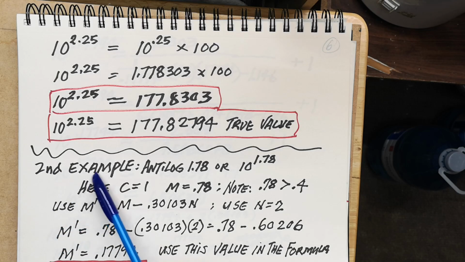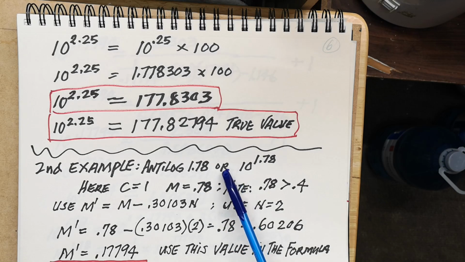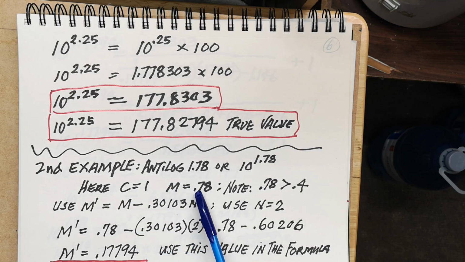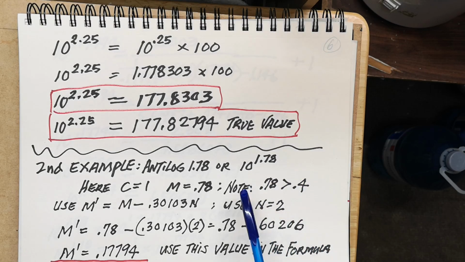And the second example is the antilog of 1.78, or 10 raised to the 1.78. So here c is equal to 1, that's the characteristic, and the mantissa is 0.78. We know that 0.78 is greater than 0.4, so we have to reduce it to a lower number.